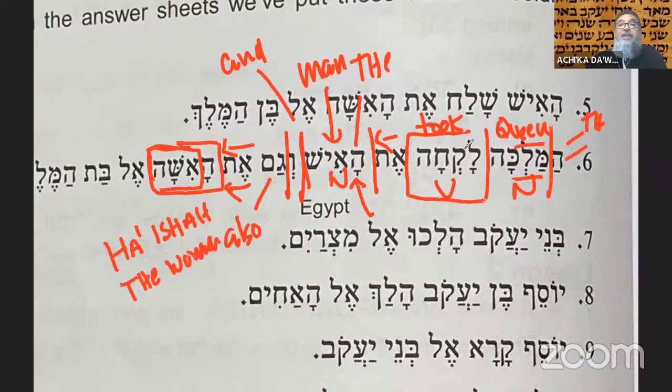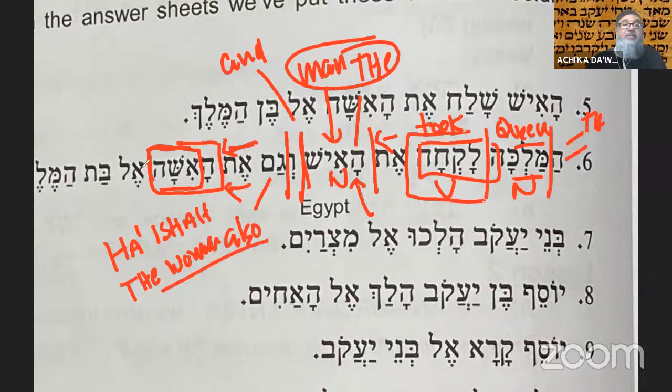The queen, she took the man, the ha-ish, and also what else she took, pointing the arrow to the ha-isha, the woman. To where? That's the preposition. To where?